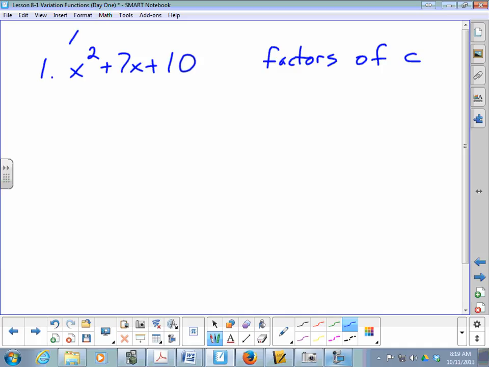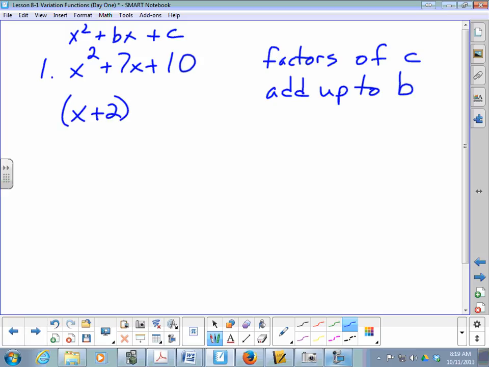This is x squared plus bx plus c. The factors of c that add up to b. So what are the factors of 10 that add up to 7? 2 and 5. So then we're going to have x plus 2 and x plus 5.